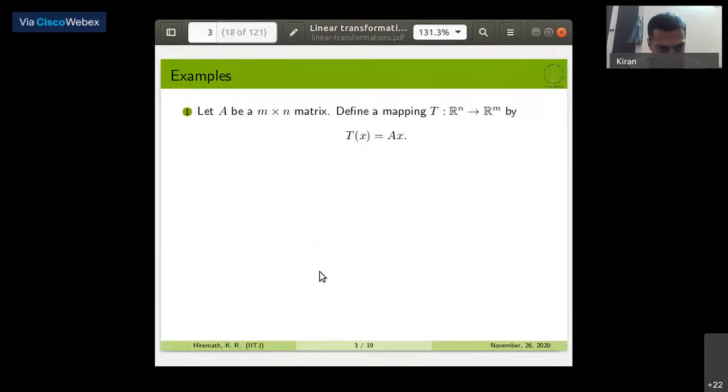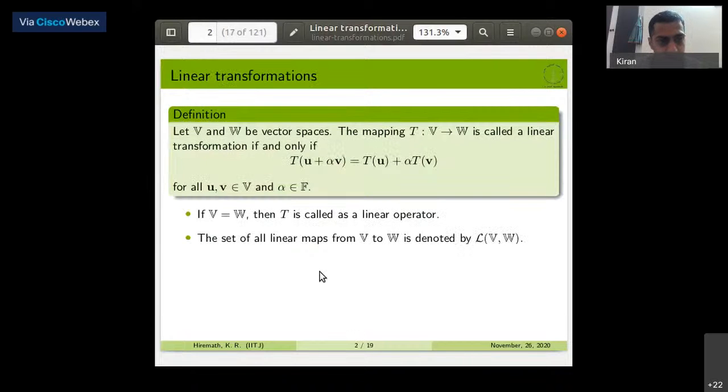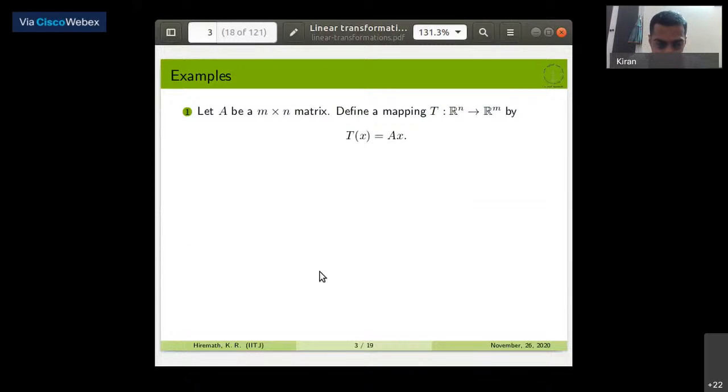So let's come to this set. Now, in order to fix the ideas, let us discuss some examples. One of the classic examples is matrices. Let A be an m cross n matrix and define the mapping T from R^n to R^m. Isomorphic, yes.